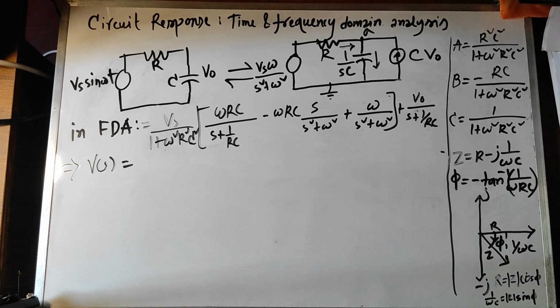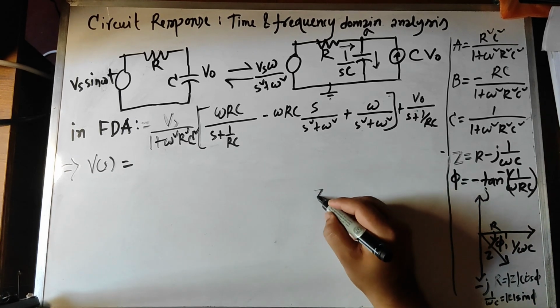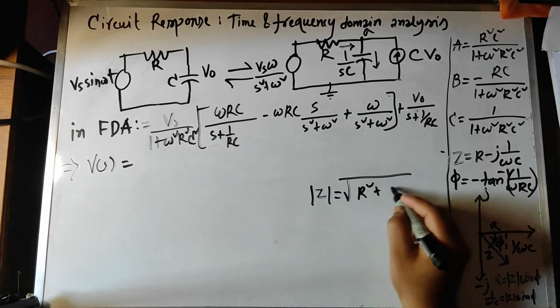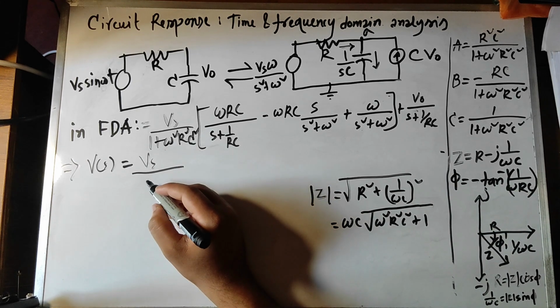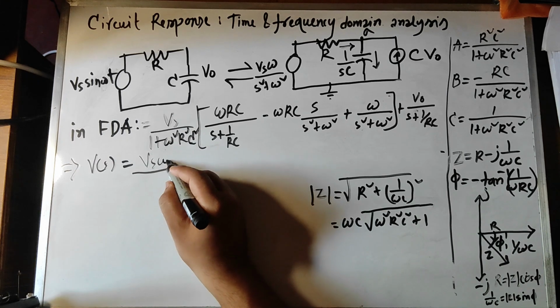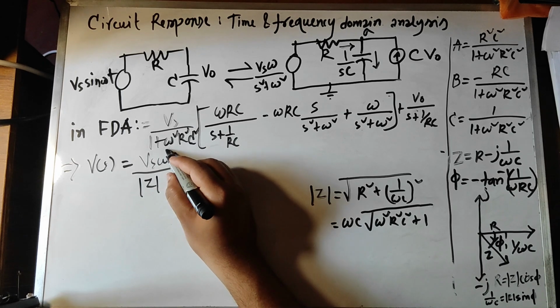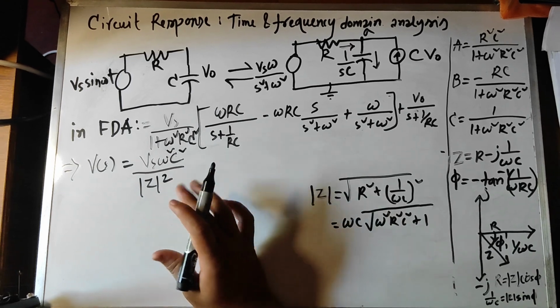We're gonna use these facts, and also Z magnitude is root over R square plus 1 by omega C whole squared, because this will be squared.